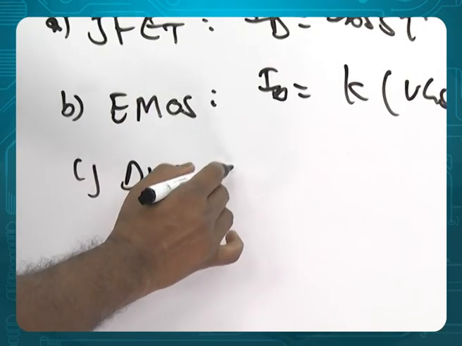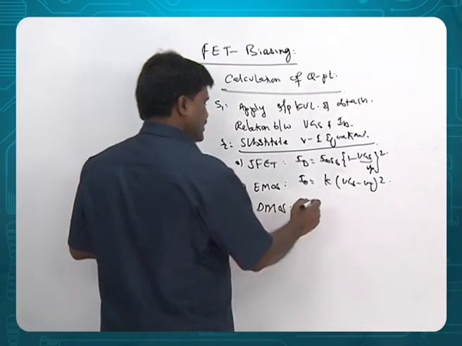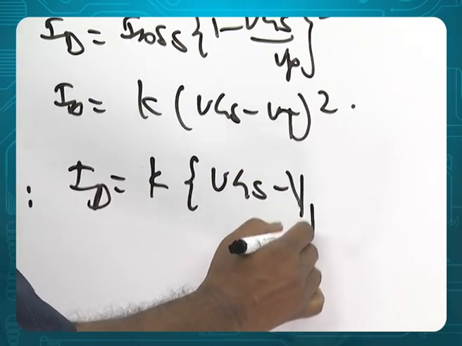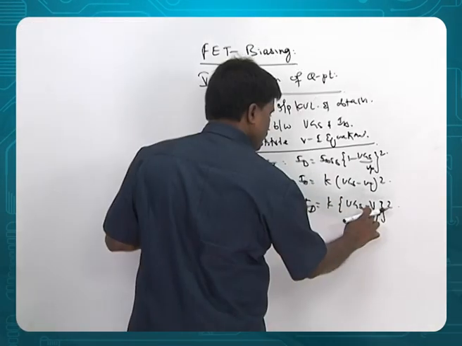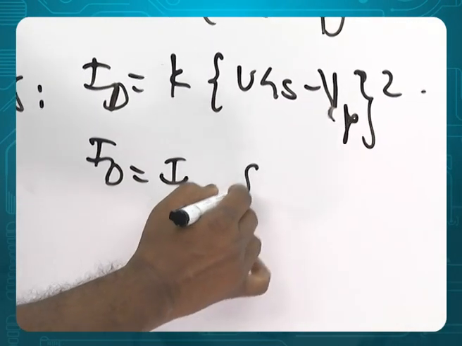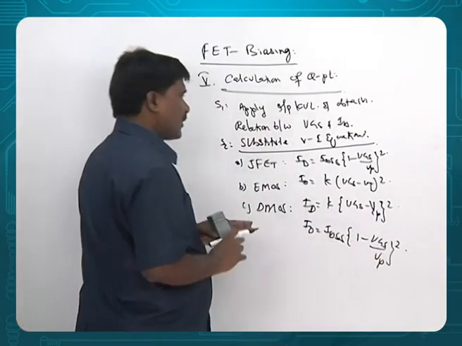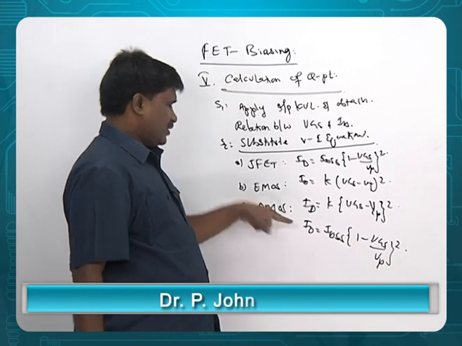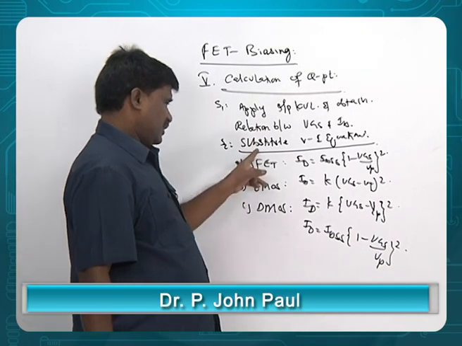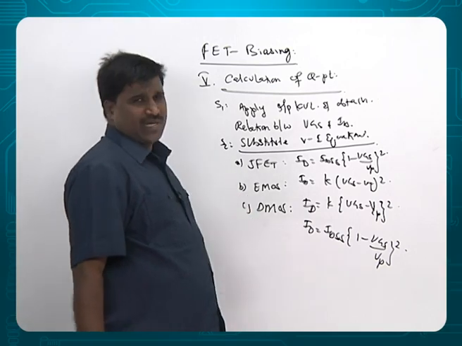Depletion MOSFET, ID is K into VGS minus VP whole square, or we can also say IDSS into 1 minus VGS by VP whole square. So, depending upon the FET, we are going to use this equation, because as you know, there are three FETs: JFET, enhancement MOSFET, and depletion MOSFET.